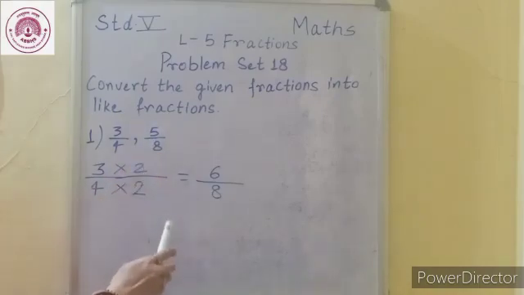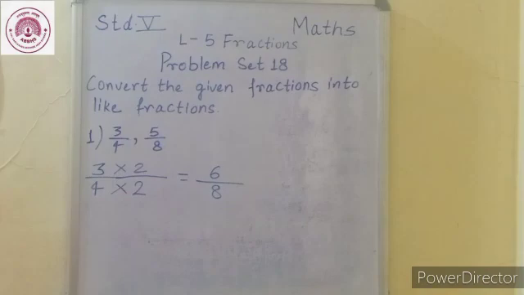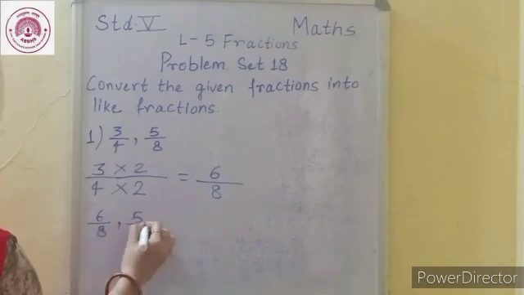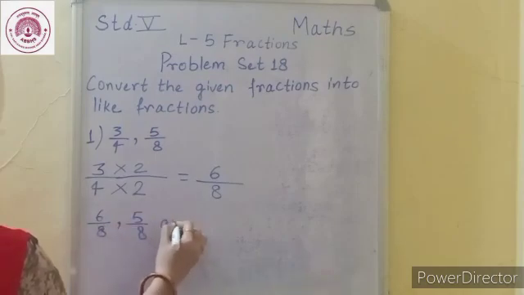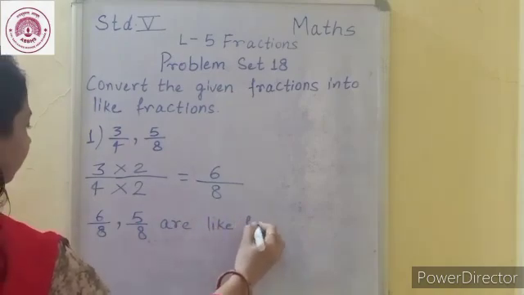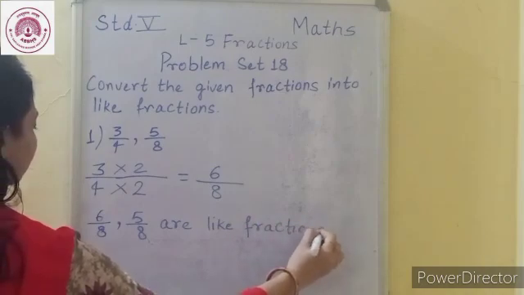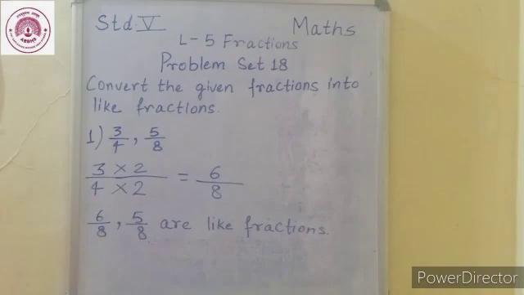Now 5 by 8 and 6 by 8 are having same denominators, as 3 by 4 is converted into 6 by 8. So, we can say 6 by 8 and 5 by 8 are like fractions. And this is our answer.